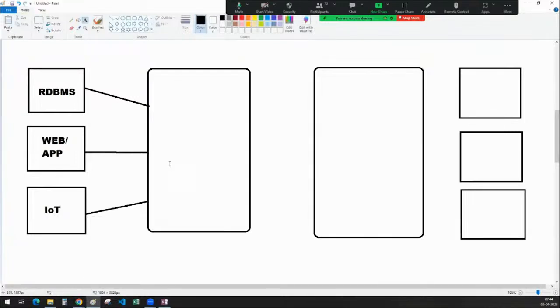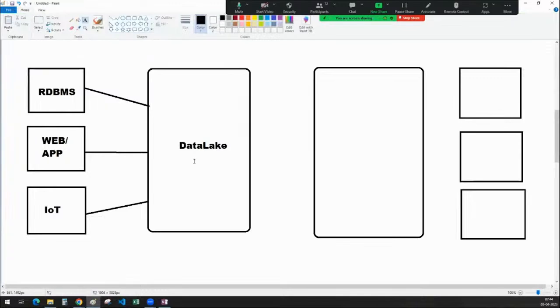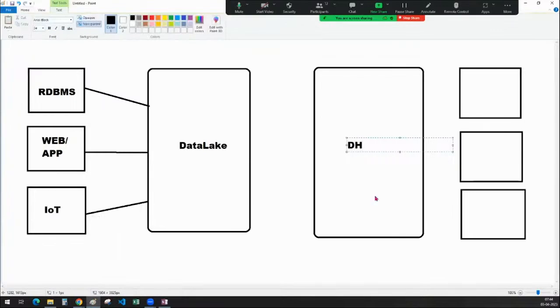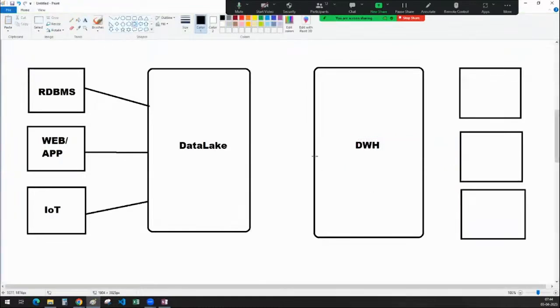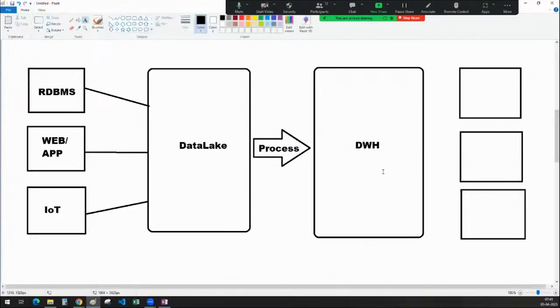You try to ingest the data into the data lake. So this is your data lake, guys. And once you have the data in the data lake, you try to process the data and send it to the data warehouse. Okay, what you are doing, guys, here you are trying to process the data, transform the data, clean the data, whatever you name it, all of those things. You try to process the data and send it to the data warehouse.